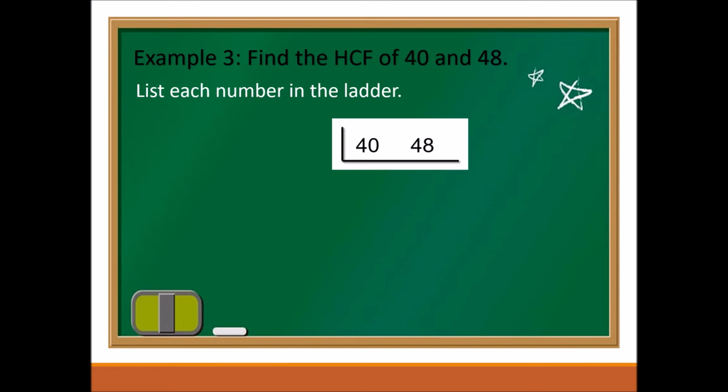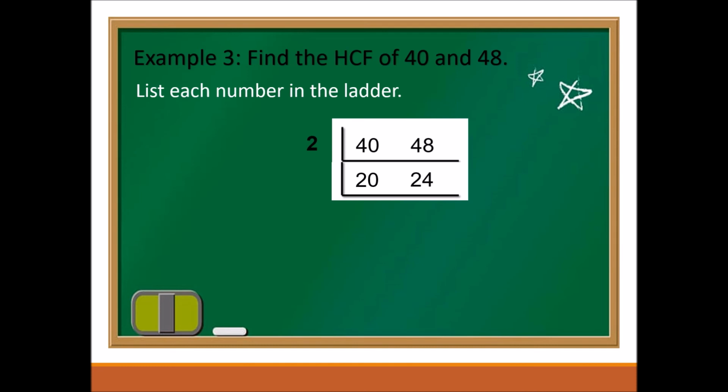Yes or no? Yes. So, 40 divided by 2 is equal to 20. How about 48? 48 divided by 2 is equal to 24.